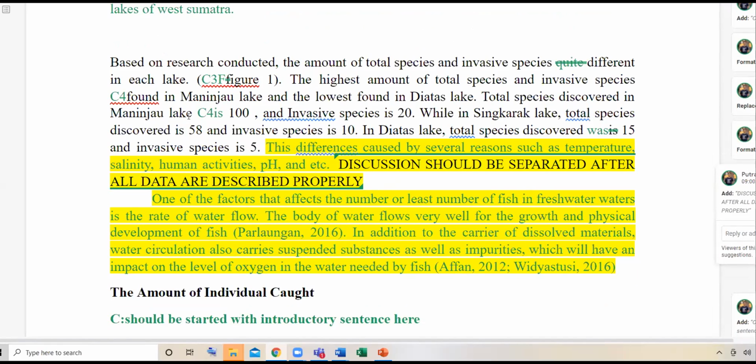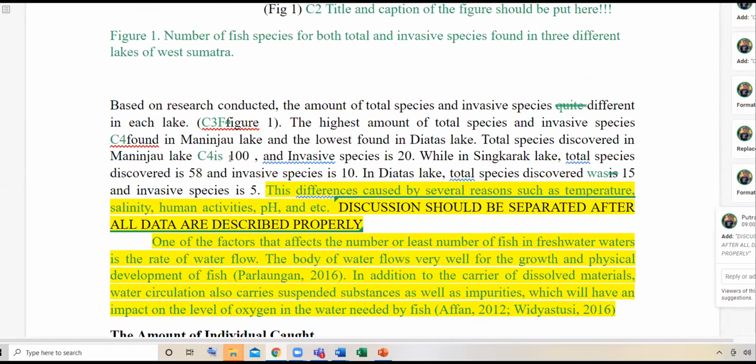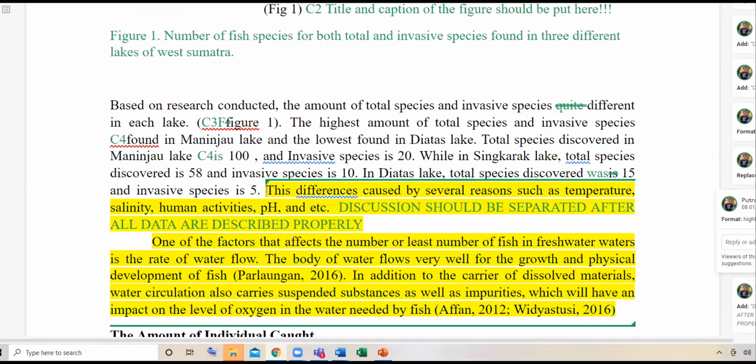So after Gifari describes the data, this is data descriptions, and then Gifari finishes this paragraph with these differences caused by several reasons such as temperature, salinity, human activities.